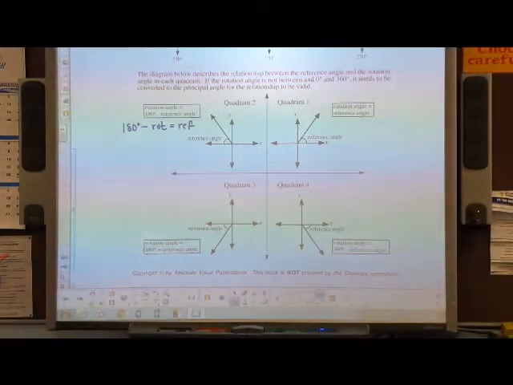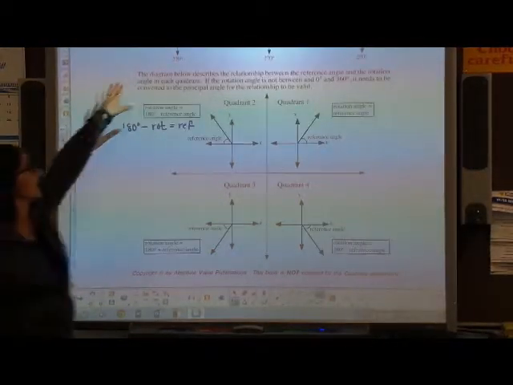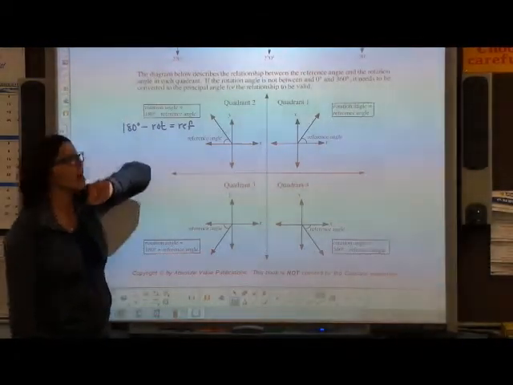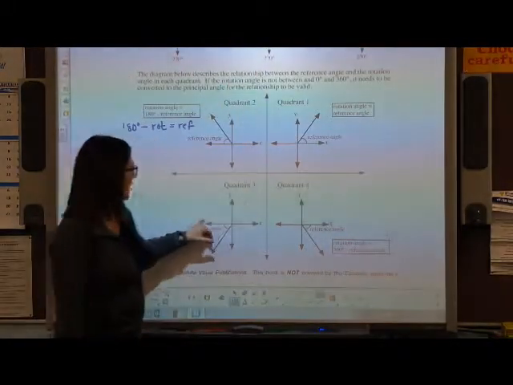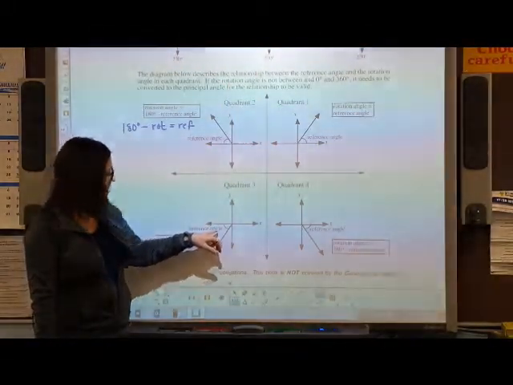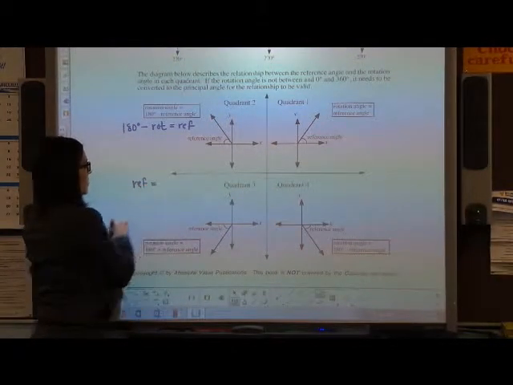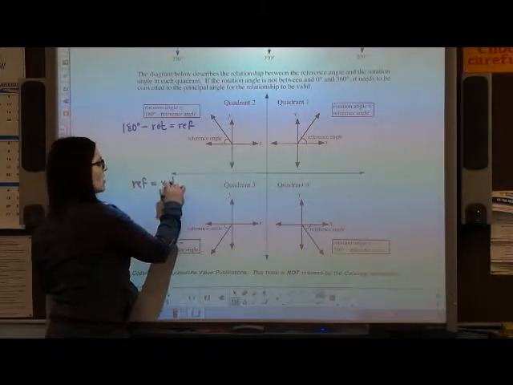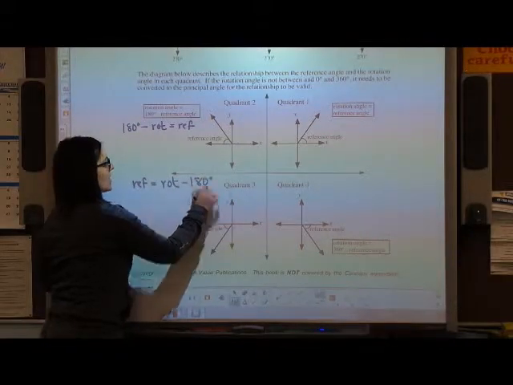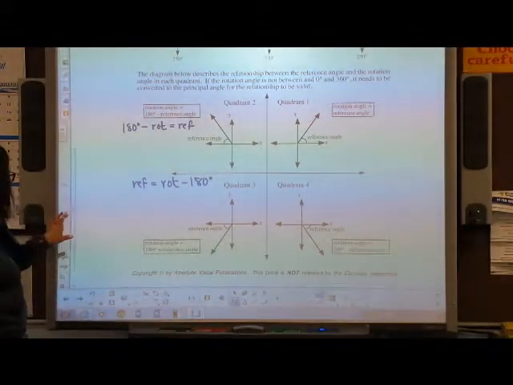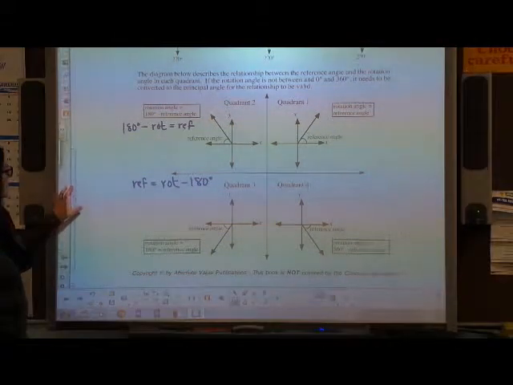It depends what you're given. And that's what we did in the first question. The second question, we were down here. So we can figure out the reference angle by taking the rotational angle and subtracting 180 degrees. That's what we did in the second.